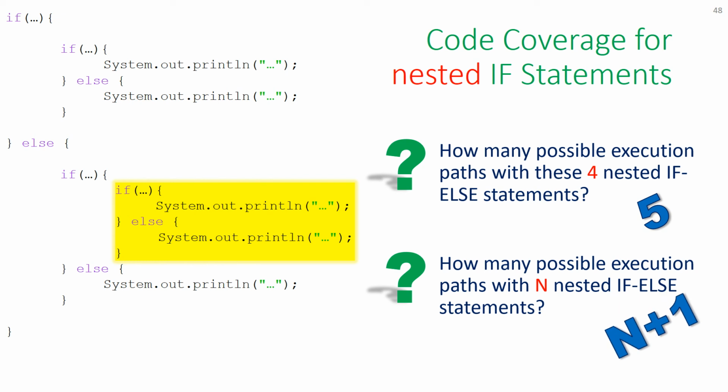Here's what matters. If I look at a piece of code that has an if statement, another if statement, another if statement, danger, Will Robinson. This is going to be such a pain in the rear to test, because for each additional if statement I find, I double the number of tests.